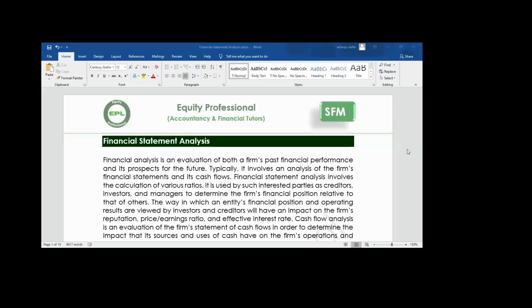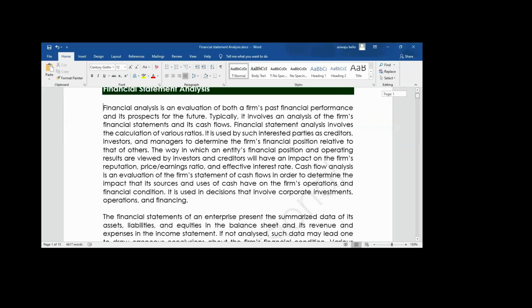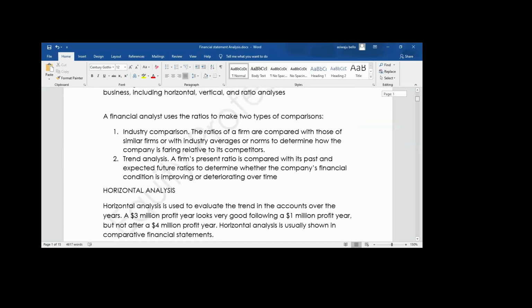or three ways. One is what we call horizontal analysis. The first is what we call horizontal analysis. You can carry out horizontal financial analysis.